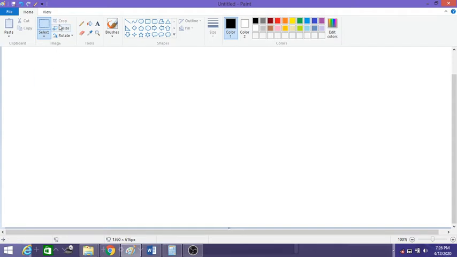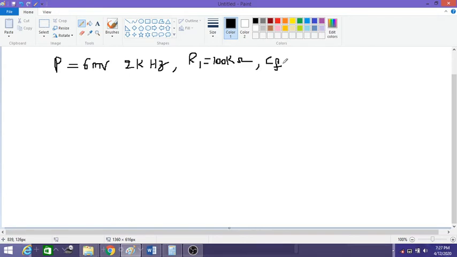So another example: it is given that a peak value of 6 millivolts at 2 kilohertz is applied to the input of an ideal Opamp integrator, where R1 is equal to 100 kilo ohms and CF is equal to 1 microfarad.